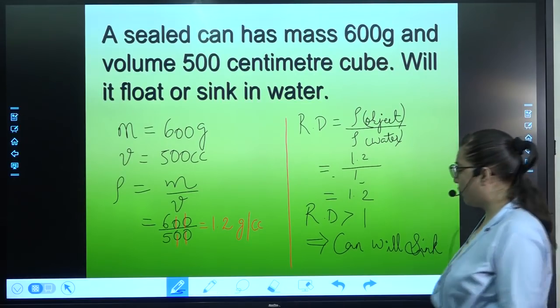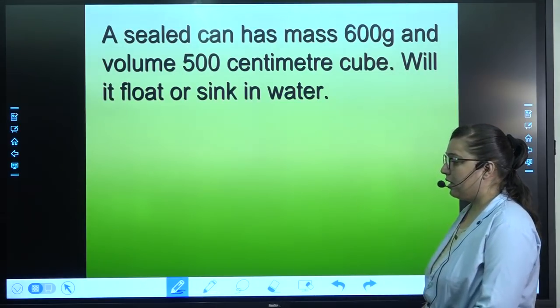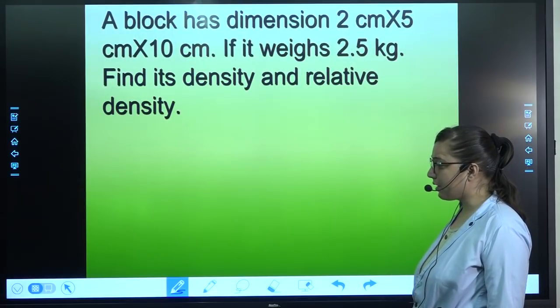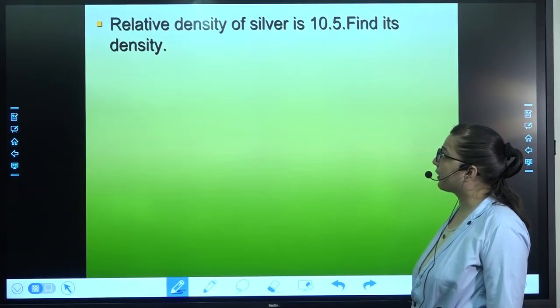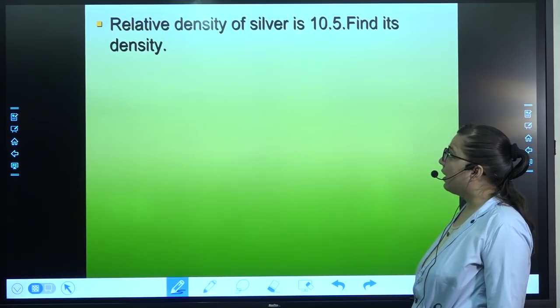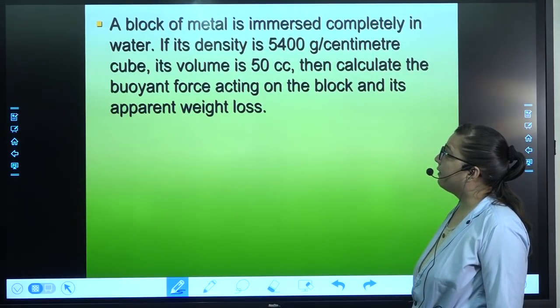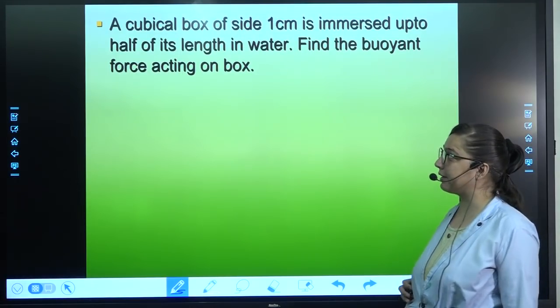So, I hope you have noted down the content. Now, let's see what we have done today. We started our session with this particular numerical.